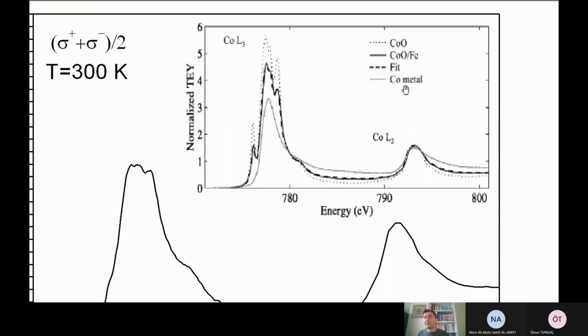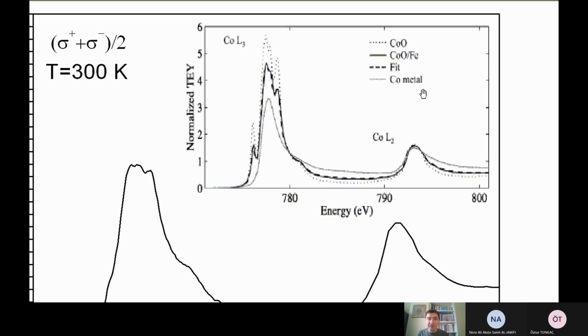What is the meaning of cobalt metal? It does not contain oxygen. And here we have cobalt oxide. You can consider the fit for the oxidized cobalt, and non-oxidized cobalt. This is pure cobalt metal.